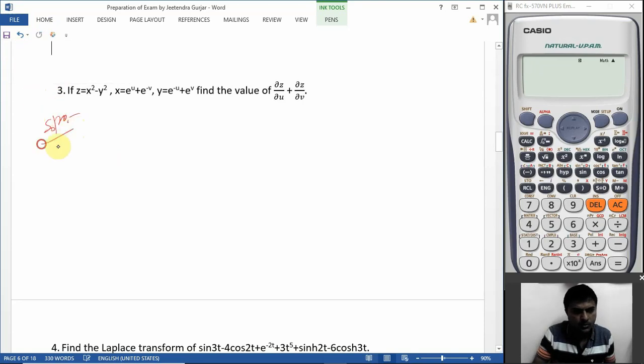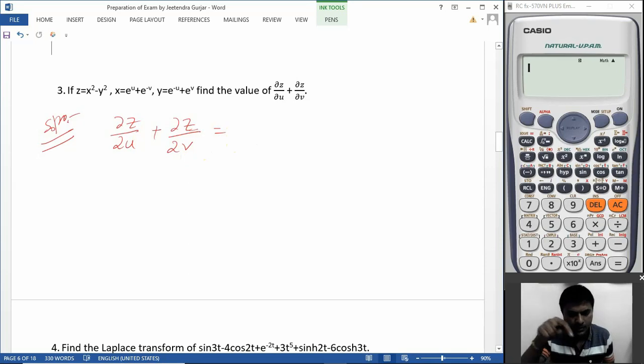So I am going to take directly dou z upon dou u plus dou z upon dou v. Just substitute the values here. The formula I have already given in the class. I will repeat this. If you want the formula, I will give it in the description box. Don't worry, go through that video also. How this formula is written is very, very important.